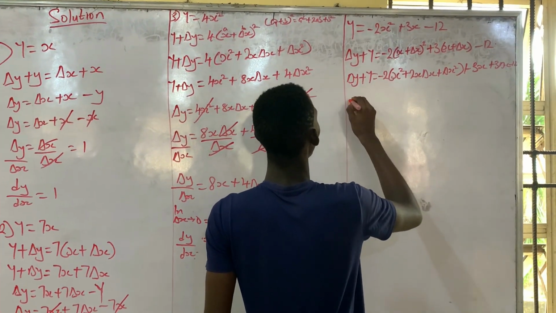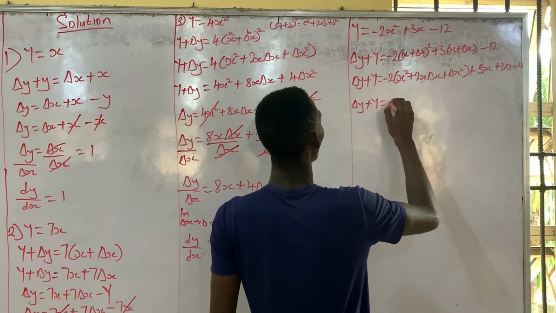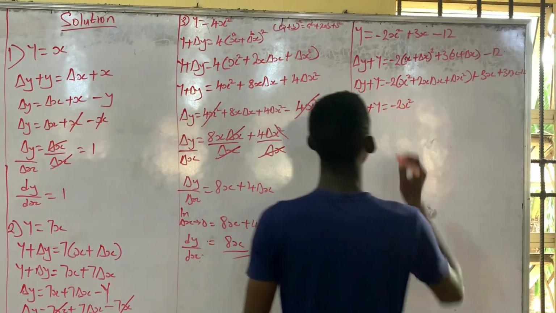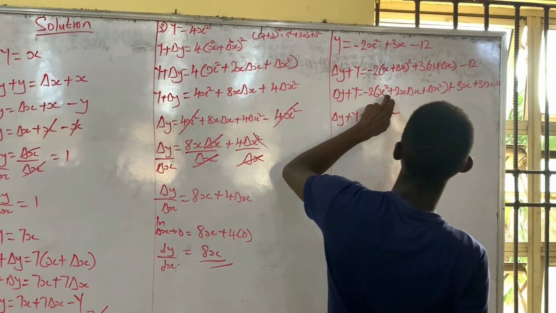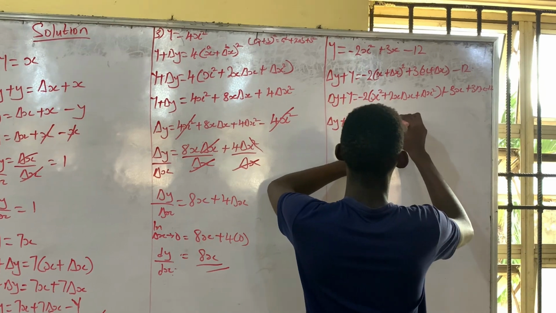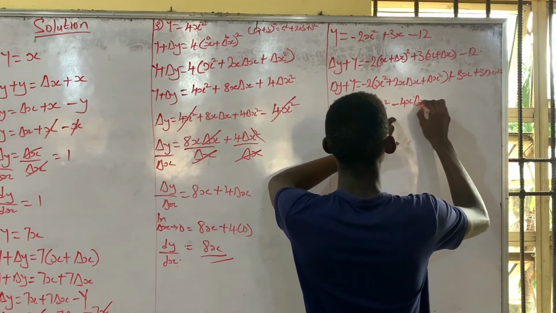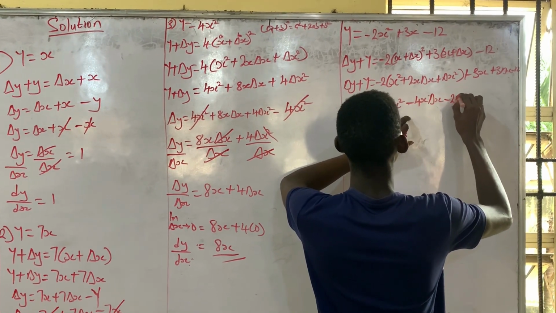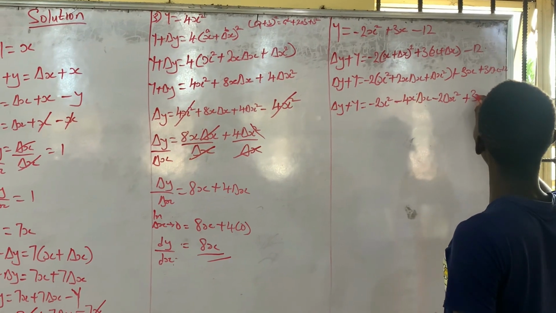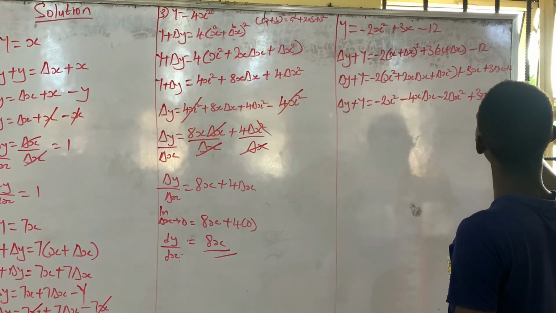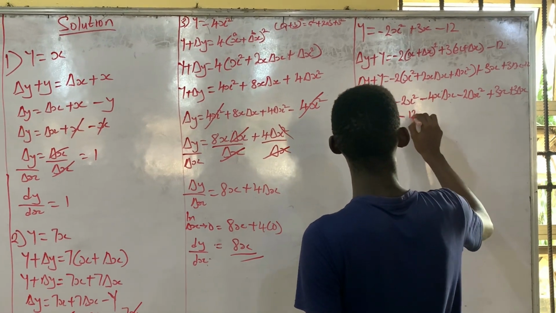Let's expand completely. Change in y plus y is equals to minus 2x squared minus, because minus times plus will give us minus, 4x change in x minus 2 change in x squared plus 3x plus 3 change in x minus 12.